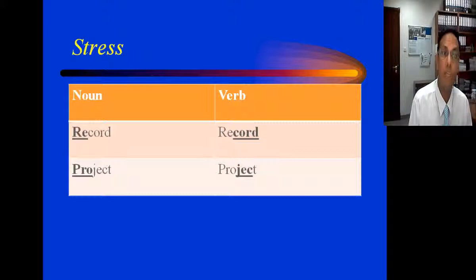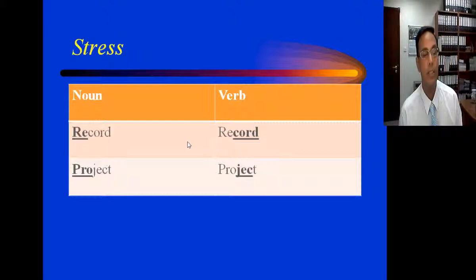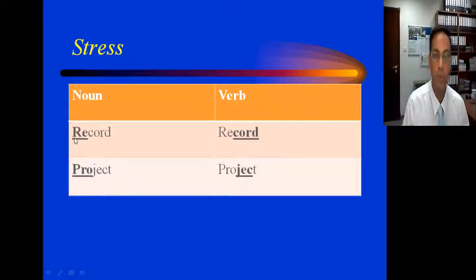This is called stress. Here we have two syllables. Look at these examples. The first word is record, with the stress on the first syllable. The second word, record, which is a verb, has the stress on the second syllable.